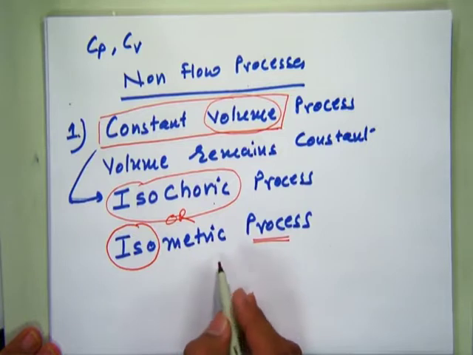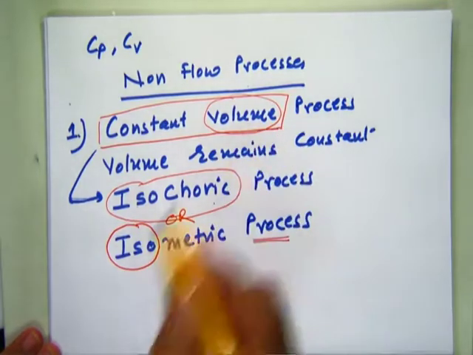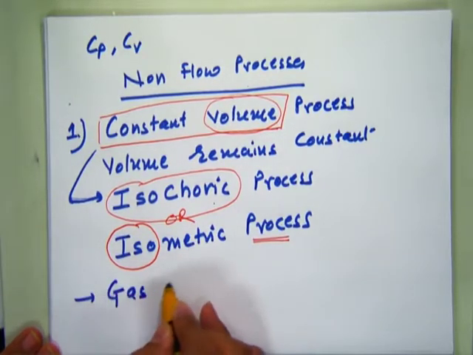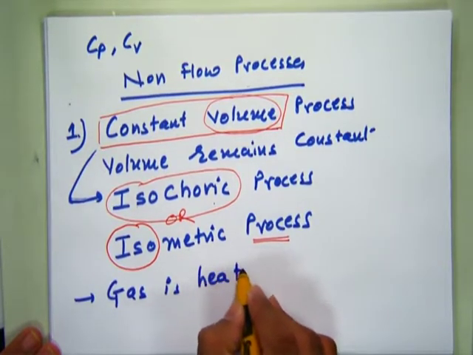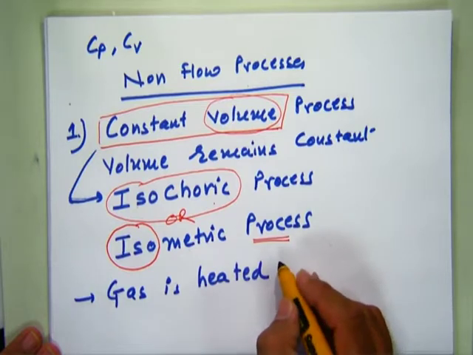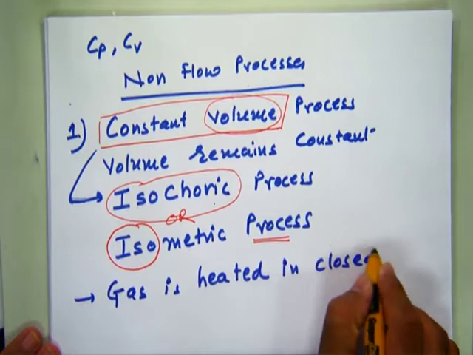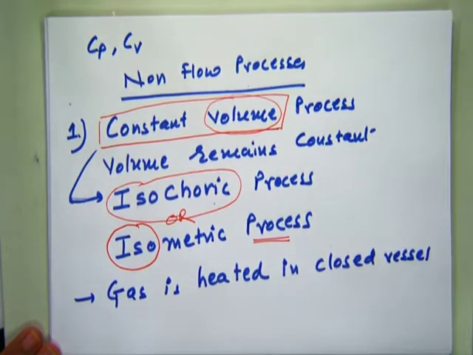Here the gas is heated in a fixed enclosed space. When it is a constant volume process, the gas is heated in a closed vessel, so the volume remains constant.